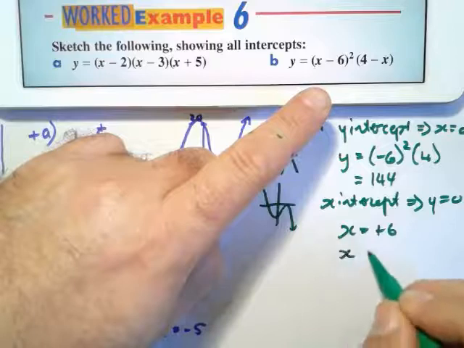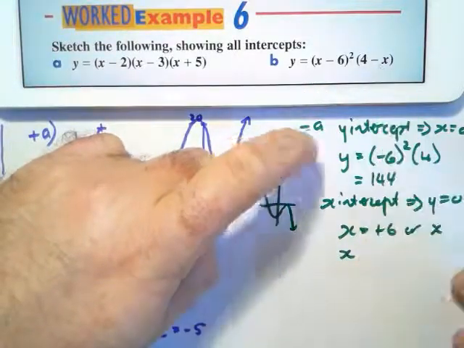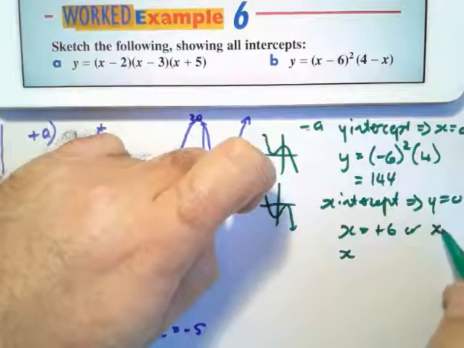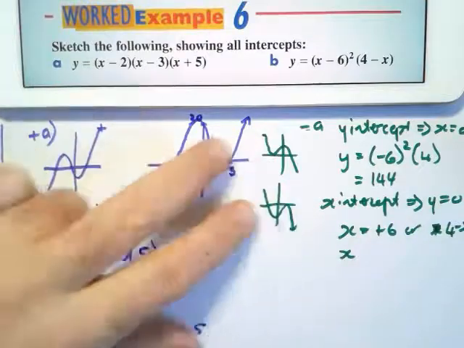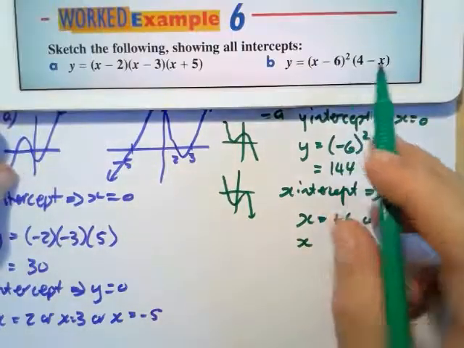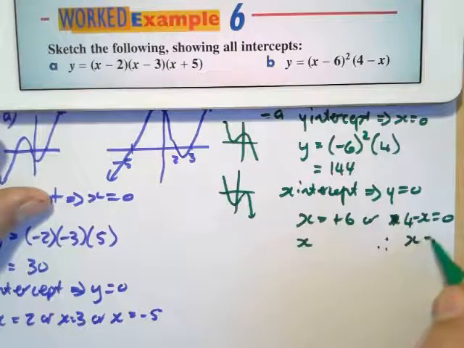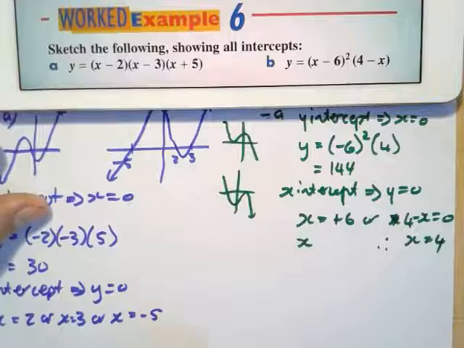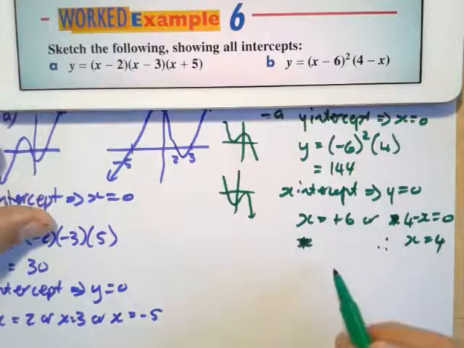Now if the other bracket is 0, let me just show you: 4 minus x equals 0, so this bracket needs to be 0. Therefore, if x goes to the other side, x equals 4. So I've got two values: x is plus 6 or x is 4.